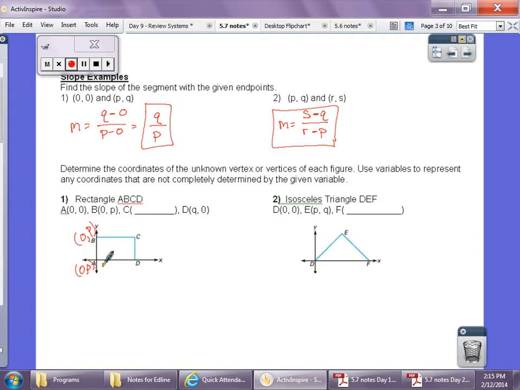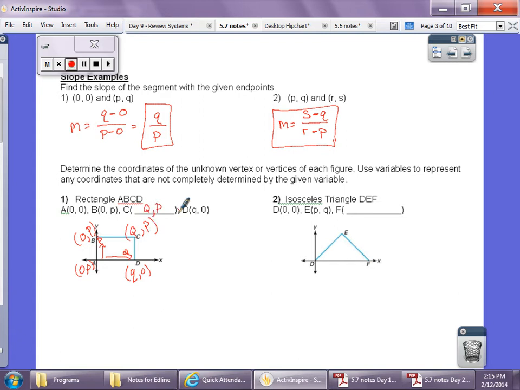We know that it went up p units, it's a rectangle, and D is q, so it went up p and it went over q. So that means C is going to be (q, p).